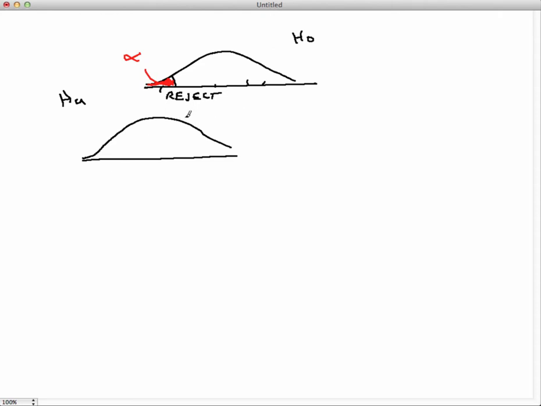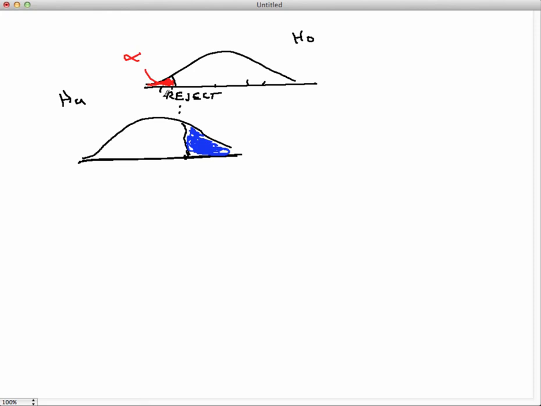Well, let's assume that we're on the same scale between the null and the alternate. In other words, that these horizontal lines are on the same scale number line wise. And let's transfer that value down here to the alternate hypothesis. Well, notice that in the alternate hypothesis, this region right here, let's shade that in a bluish color, is where you reject the alternate hypothesis. Why?